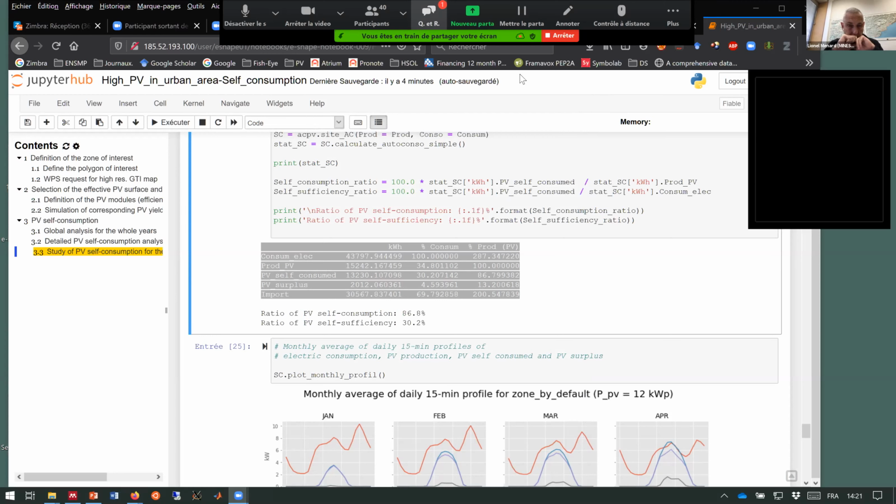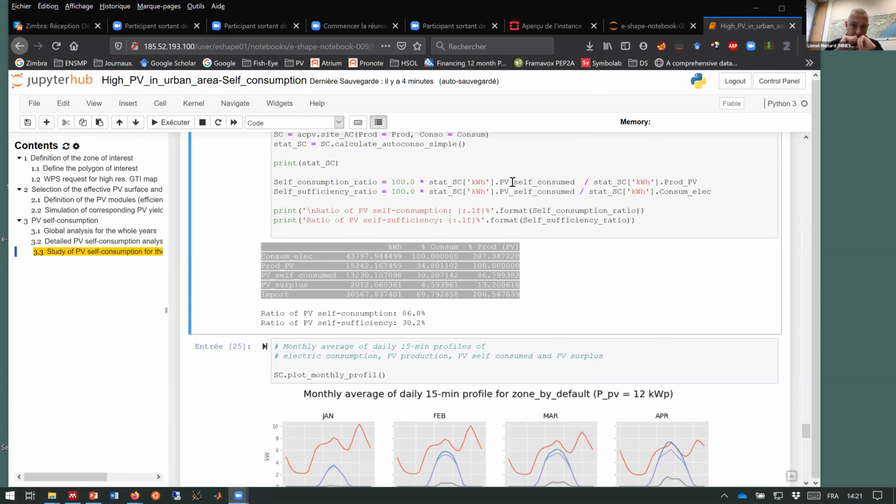We didn't specify, but in Nantes and in many cities in France, we have the chance to have a 10 centimeter digital surface model. Thanks to this resolution, we can provide, for each square meter of analysis, a very accurate analysis of the orientation and the tilt. And this is the value that is used for the computation.